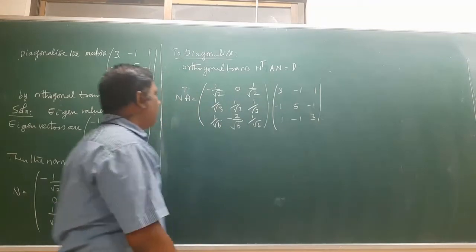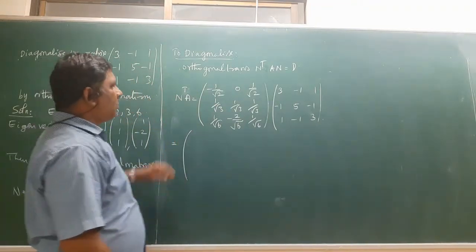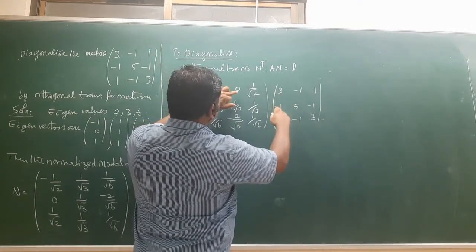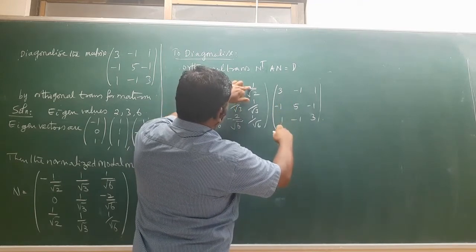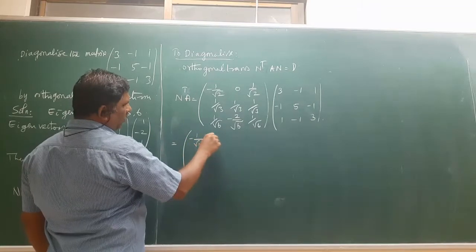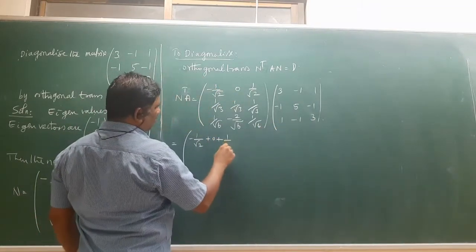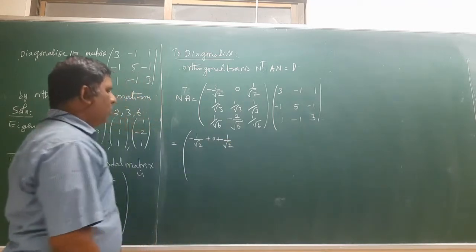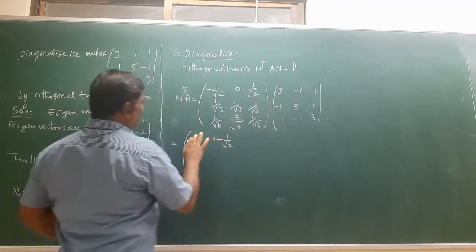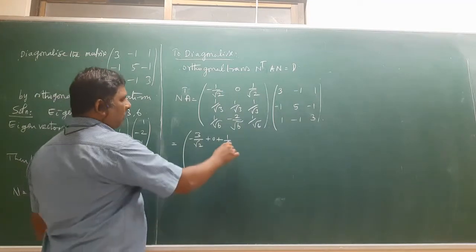Now we multiply that. What do you get? The first row is minus 3, 0 plus 1, so minus 3 by root 2, 0, 1 by root 2.